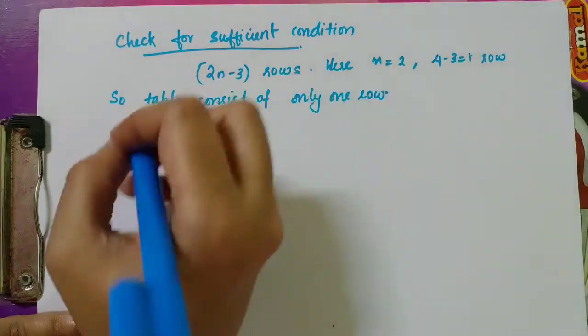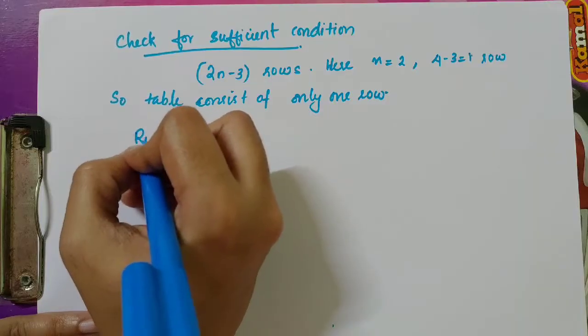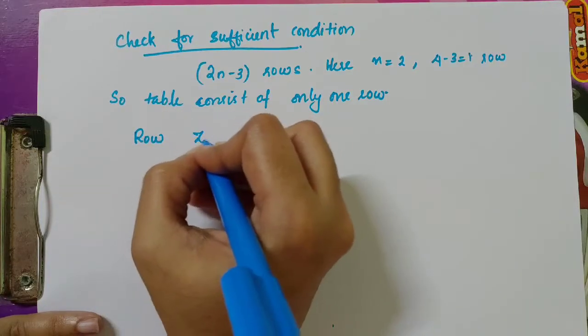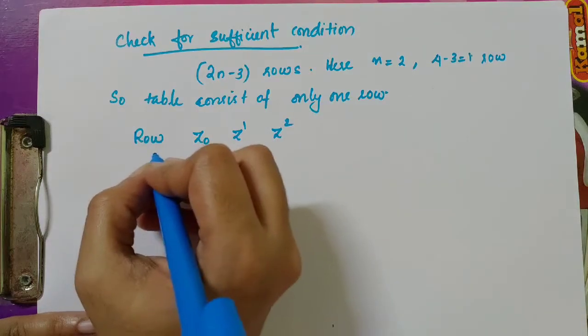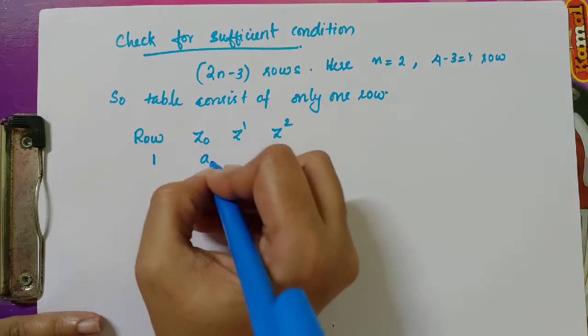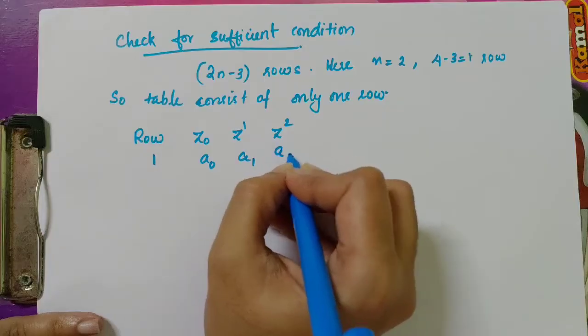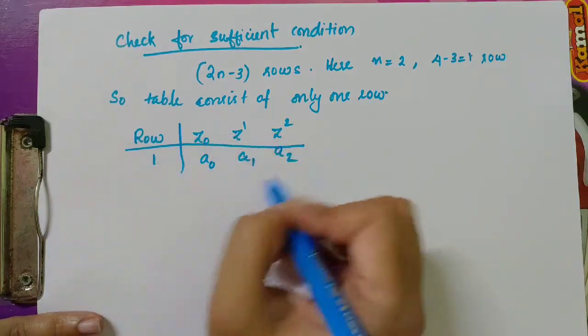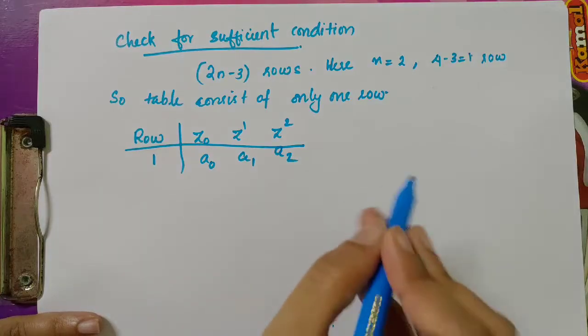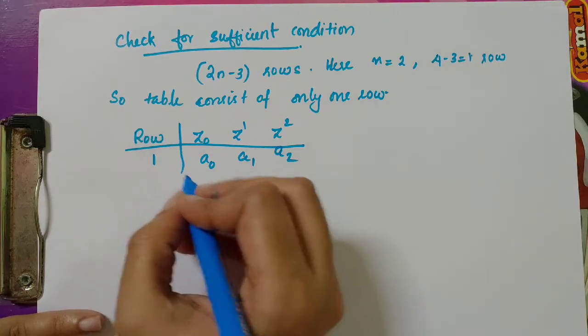Okay, so നമുക്ക് കൺസ്ട്രക്ട് ചെയ്യാം row z0, z1, z2. ഓക്കെ, ഒരു റോയേ ഉള്ളൂ, ദാറ്റ് ഈസ് a0, a1, a2. ഇത് നിങ്ങൾ എഴുതണം, എത്ര റോ ഉണ്ടെങ്കിലും നിങ്ങൾ ഇത് എഴുതി കഴിഞ്ഞിട്ട് വേണം ശരിക്കുള്ള റോസ് കൺസ്ട്രക്ട് ചെയ്യാൻ.